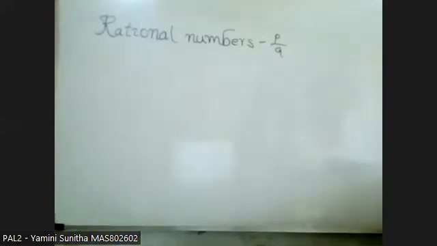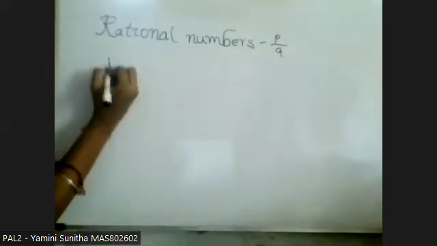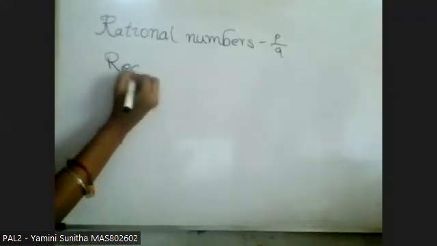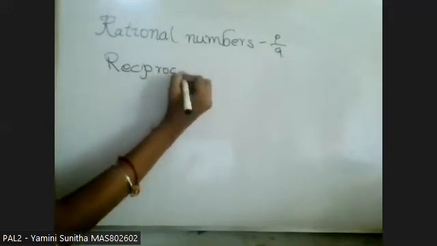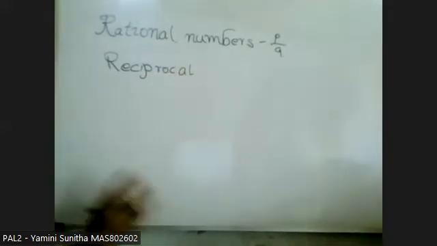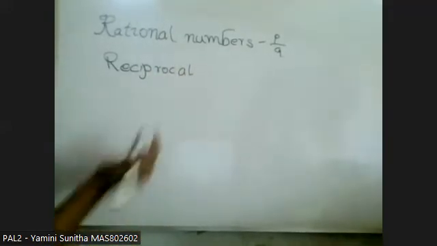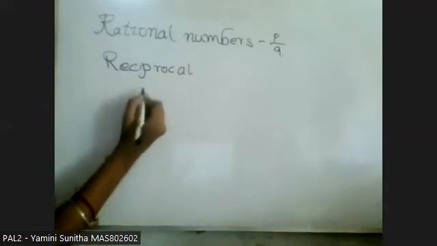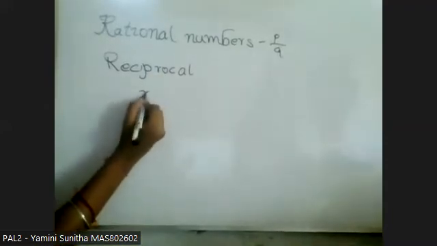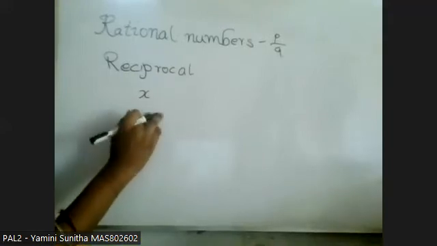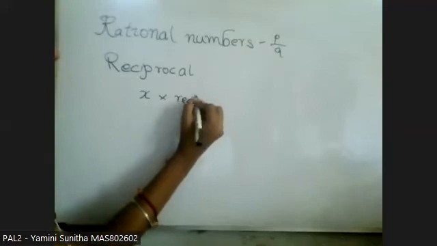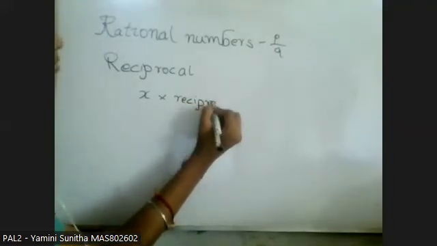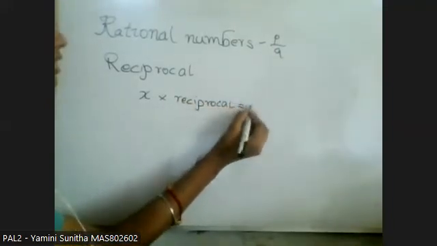So we'll be seeing reciprocal. What is a reciprocal? When a number, for example let us take x, is multiplied with its reciprocal, it should provide the result as 1.